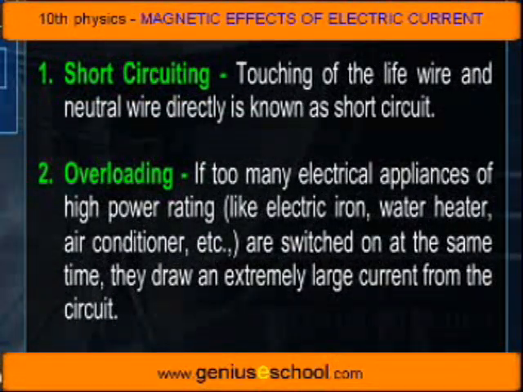Short circuiting: touching of the live wire and neutral wire directly is known as short circuit. Overloading: if too many electrical appliances of high power rating like electric iron, water heater, air conditioner, etc. are switched on at the same time, they draw an extremely large current from the circuit.